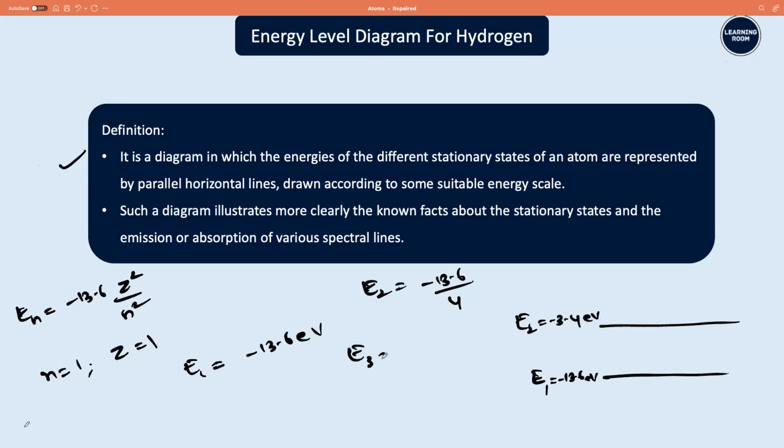Similarly, if you want E3, what will you have? Minus 13.6 divided by 9, because it is n square. So E3 is equal to minus 1.51 electron volt. Next, E4 will be equal to minus 13.6 divided by 16.